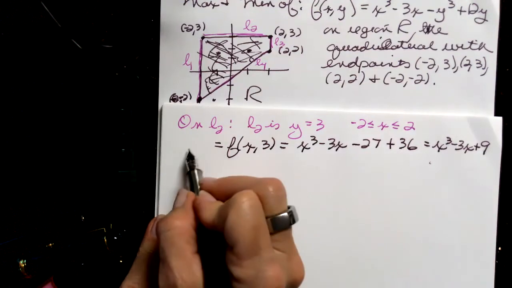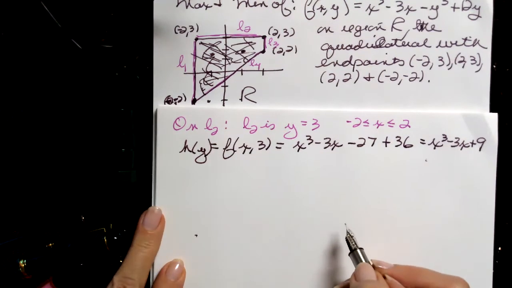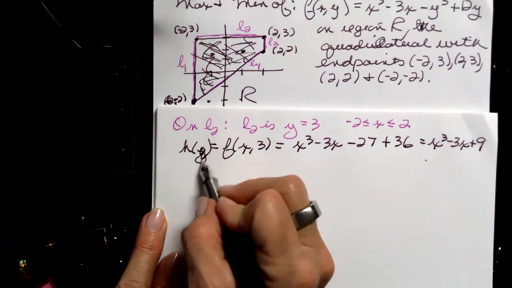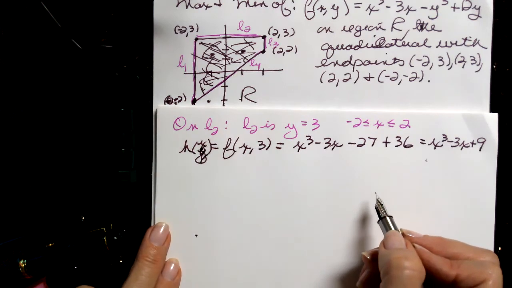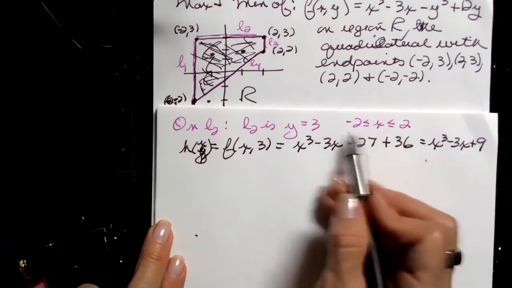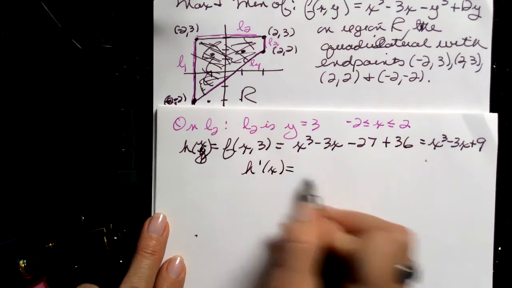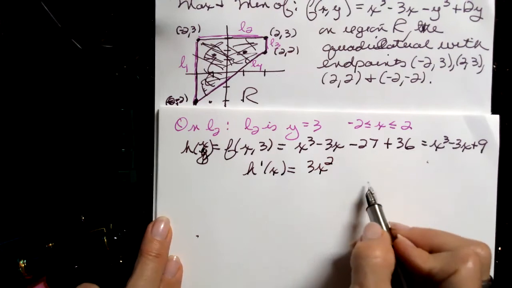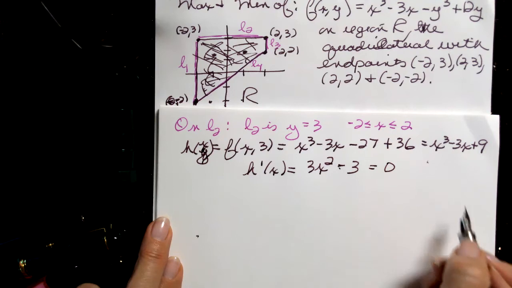So let's give it a name that reminds us more of calculus 1. How about h of x? It's a function of x. And so now how do I maximize this by calculus 1 on this interval? You take the derivative, set it equal to 0 to find possible critical points if you have any. So that is 3x squared minus 3. Now you set that equal to 0.